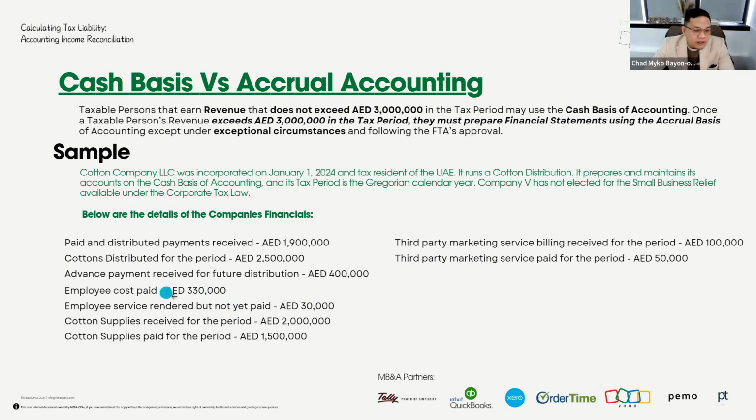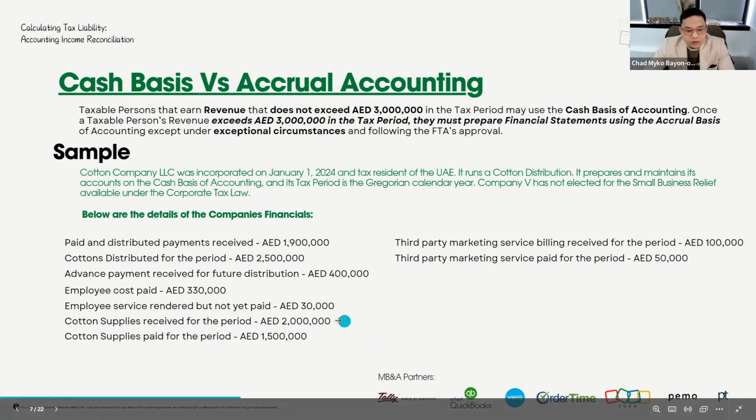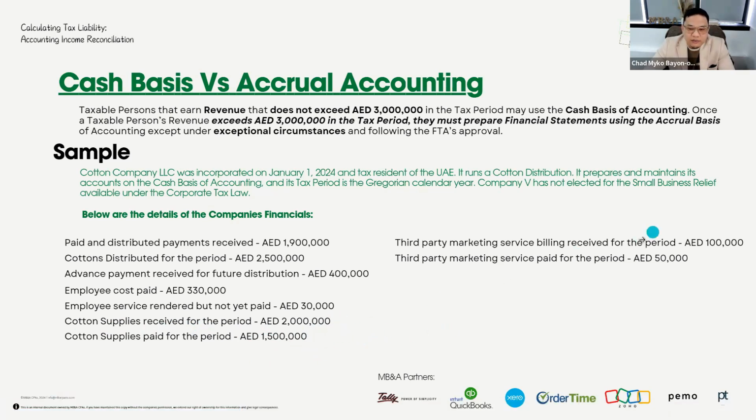So here, you have paid 330,000 and you have incurred already 30,000 but has not yet paid. So your total expenses for employee cost is 360,000. And then for your expenses, you have your cotton supplies received for the period, which is 2 million. So disregarding this 1.5, it's only a payment. So 2 million will be your expenses. And then for third-party marketing service expenses, that will be considered as 100,000.